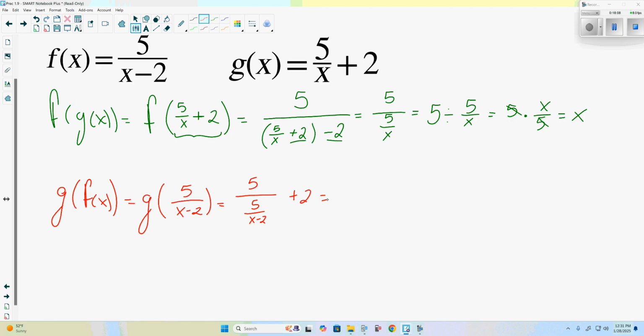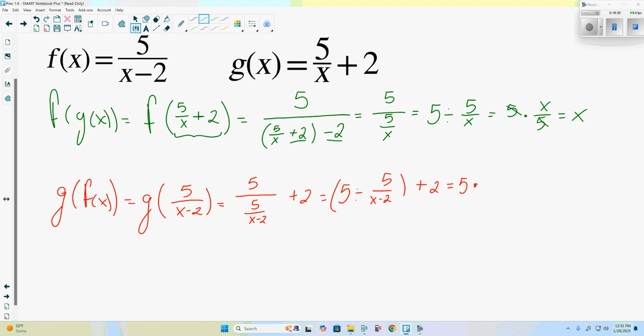Now the first thing we're going to have to simplify is the 5 over x minus 2. Really what we're saying is that we have 5 divided by 5 over x minus 2, plus 2. We don't really need the parentheses, but it's just reminding ourselves we're going to have to deal with that division first.